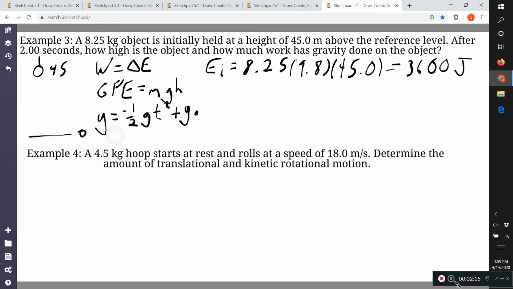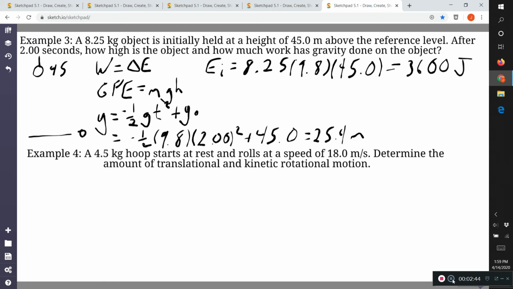So negative 1/2 times 9.8, the time squared, so that's 2.00 squared, plus the initial height would be 45.0. Do that calculation and we get 25.4 meters.